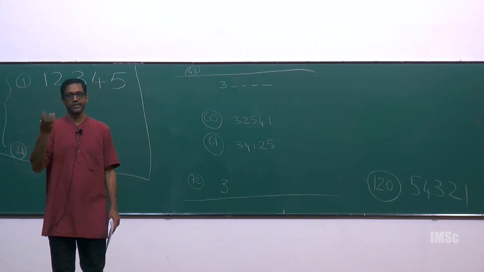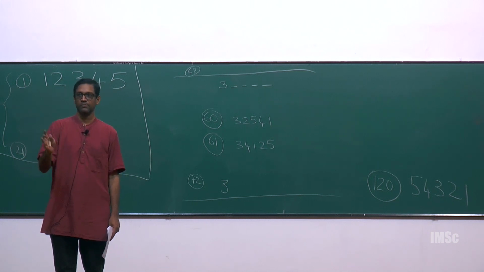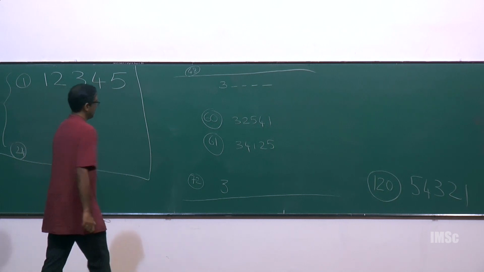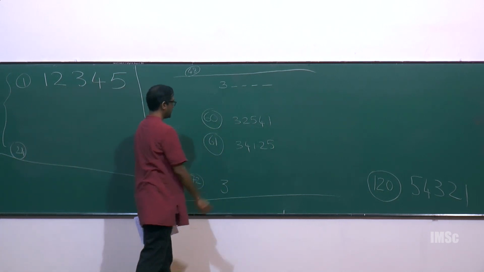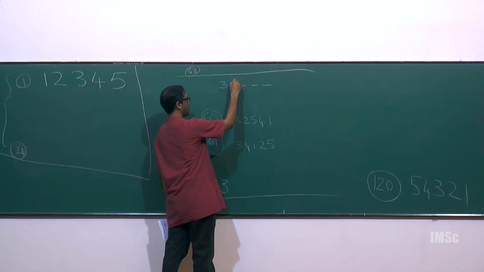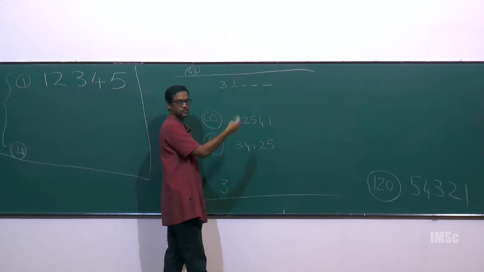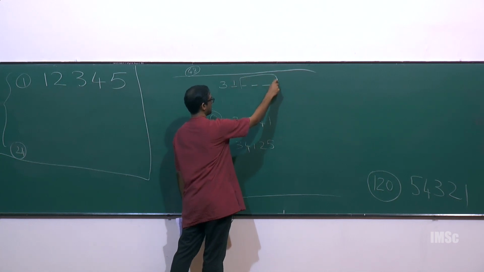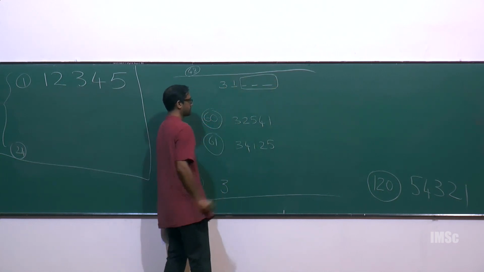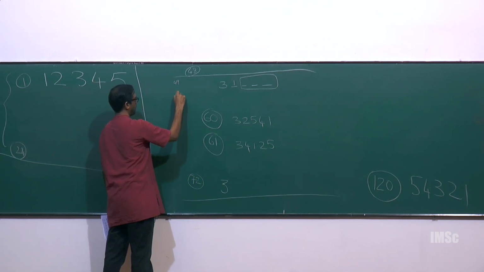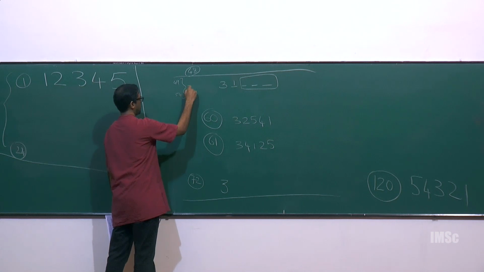It's all possible permutations of 4 numbers, except the 4 numbers are 1, 2, 4, and 5 instead of 1, 2, 3, and 4. So there are 24 permutations, but again, you look at how many will start with a 1. This is what alphabetical order entails. If I start with a 1, there will be 6 permutations which start with 3, 1. So the first 6, from 49 to 54, will all start with 3, 1.